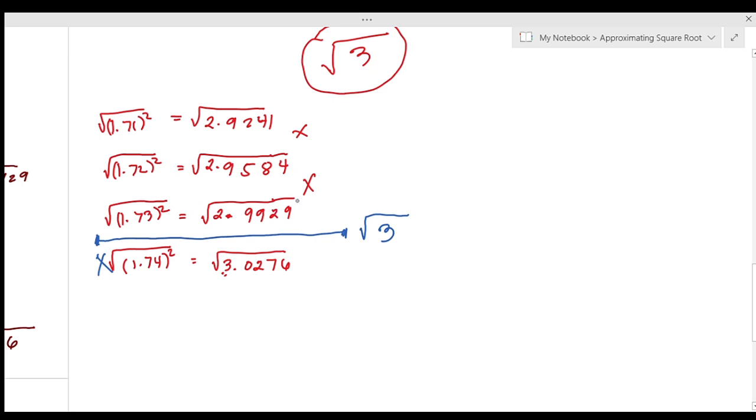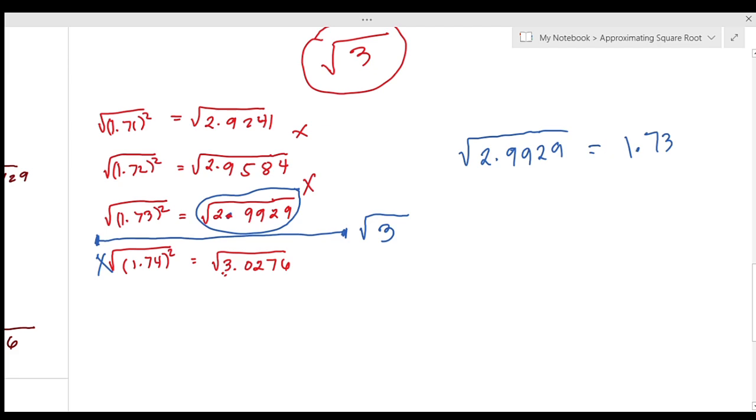So, the square root of 2.9929 is equal to 1.73 because 1.73 times 1.73 is 2.9929.